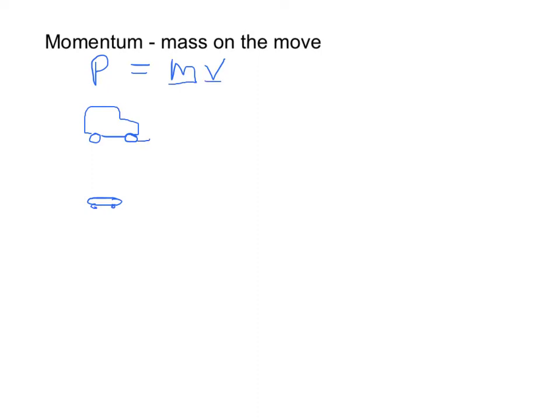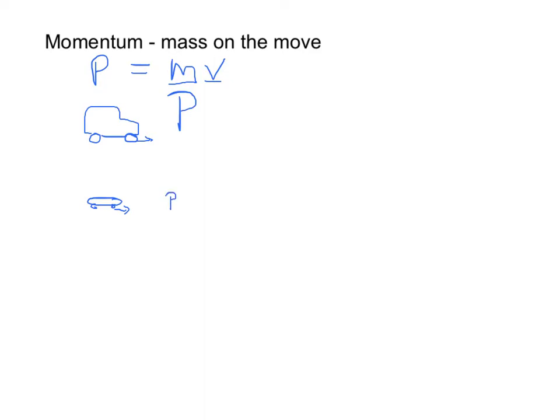So if we give the truck a little bit of velocity, and we give the skateboard a little bit of velocity, which has the greater momentum? Well, the truck, with its larger mass, is going to have the greater momentum at that point in time as compared to the skateboard.